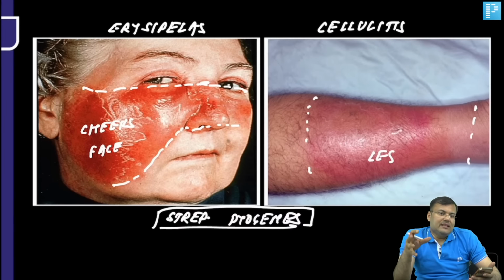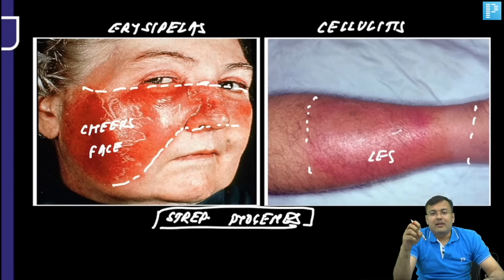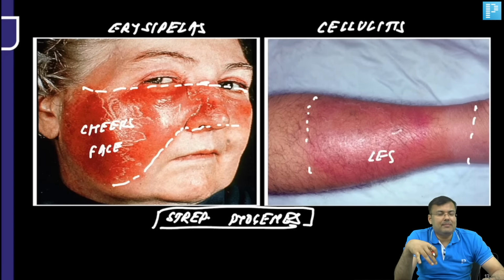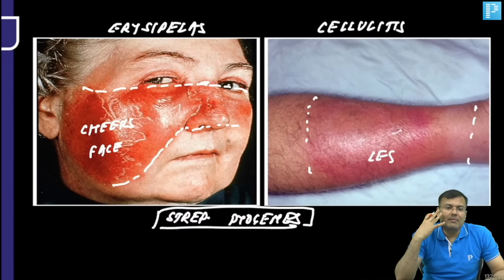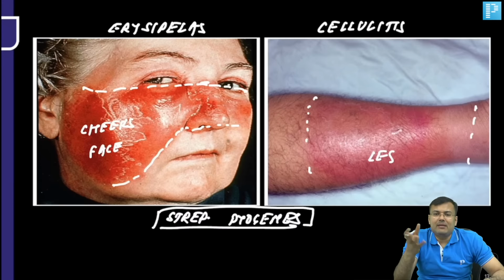Vesicles and bulla, these are common in erysipelas or cellulitis. Ravi Prakash, yes, erysipelas. Vesicles and bullas are not very common in cellulitis. So, this is erysipelas, well defined margin, cellulitis, ill defined margin, most common site erysipelas, face, cheeks, bridge of nose, cellulitis आपने देखा होगा emergency में, where you are going to find legs.